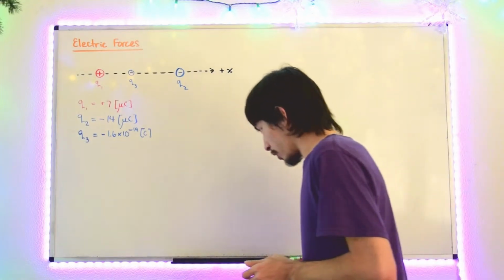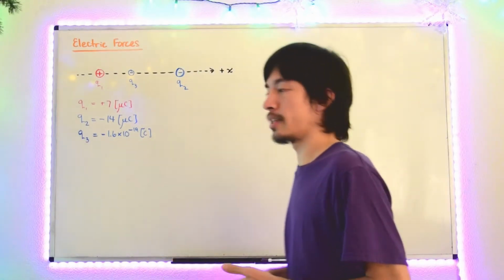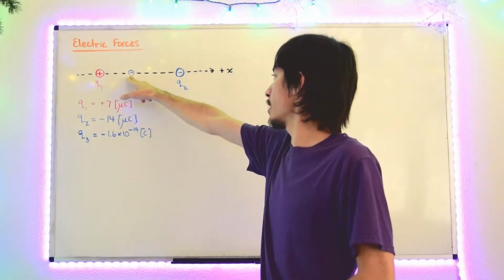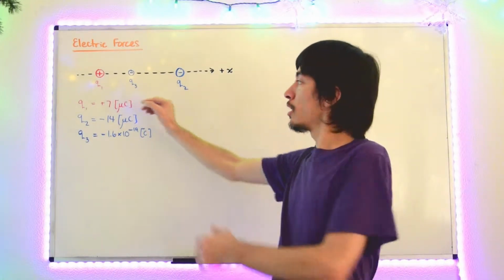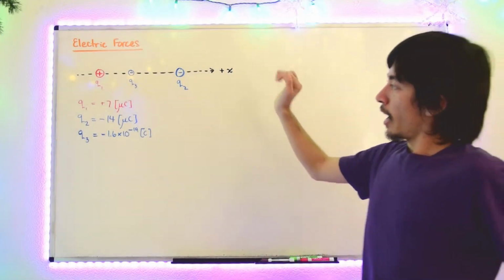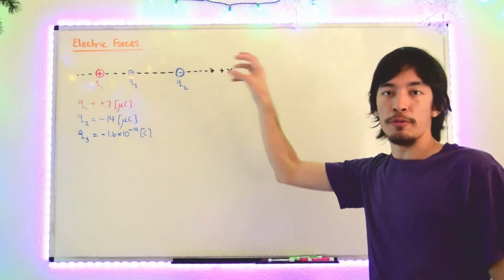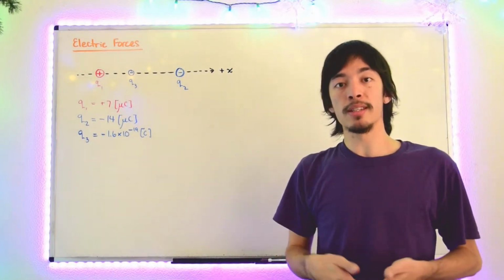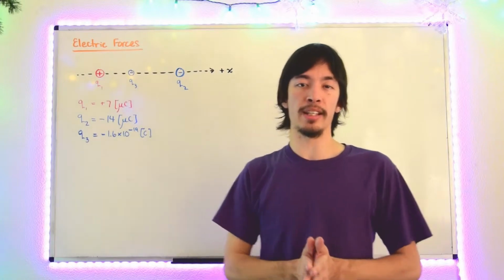Now, the question was to find the net or the total force acting on this electron in the middle of the two due to the other charges. So how do we find the net or total force? Net or total implies to consider all the forces acting on it.